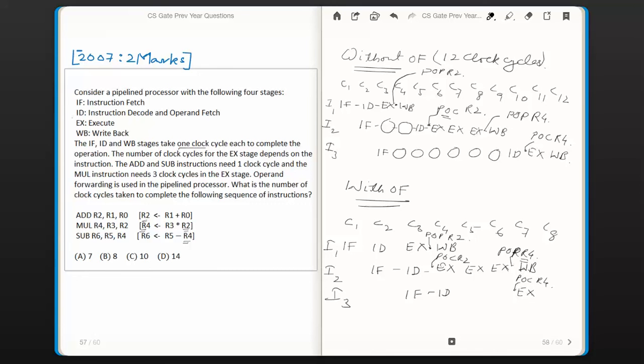Now it is going to take just a single cycle because it is a subtract instruction, and after that we can schedule write back, and there would be some stall cycles here. So two stall clock cycles would be there. So with operand forwarding we can see we are requiring 8 clock cycles.